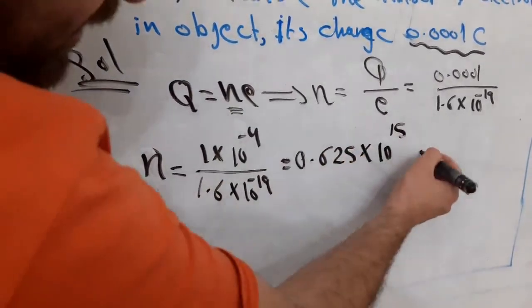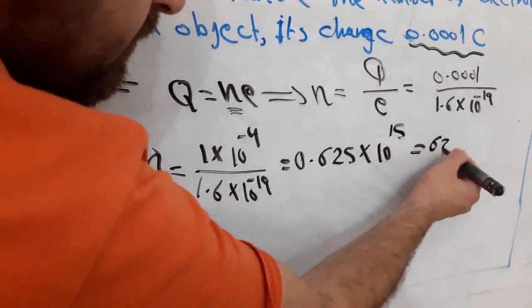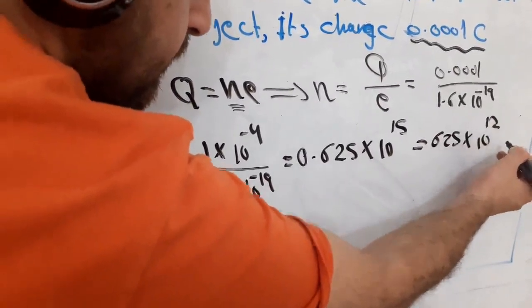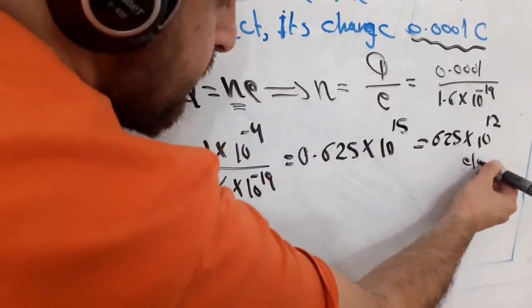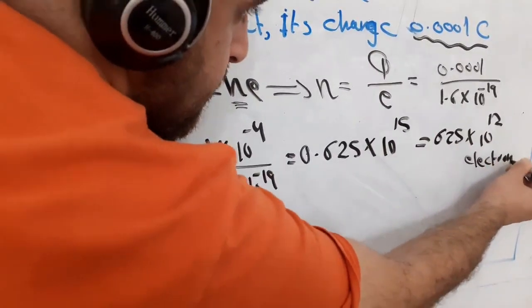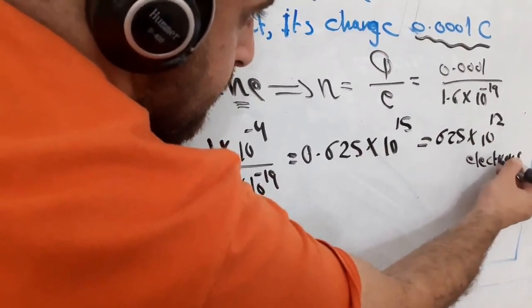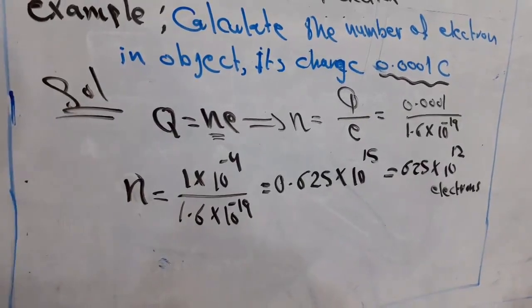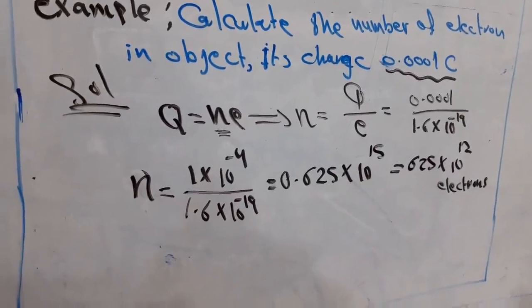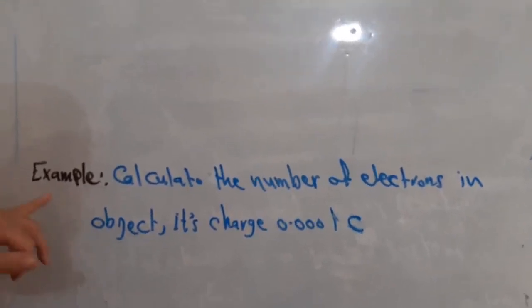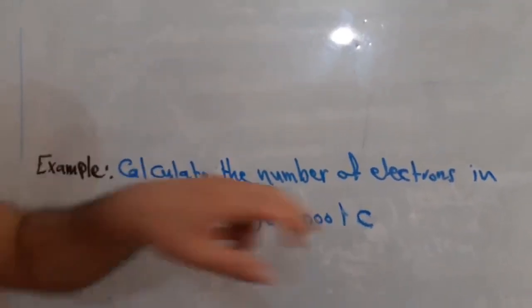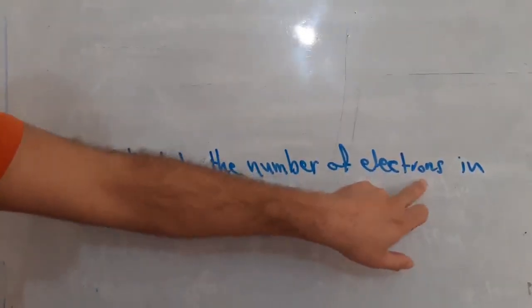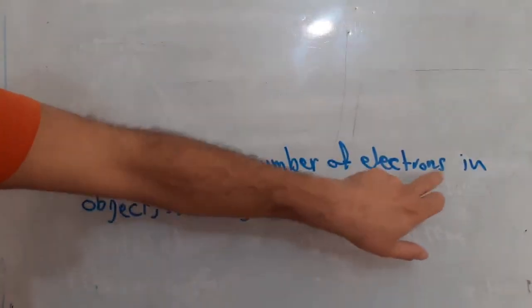I can write this number as 6.25 times 10 power 14 electrons. Please go back to the example and correct this word: number of electrons.